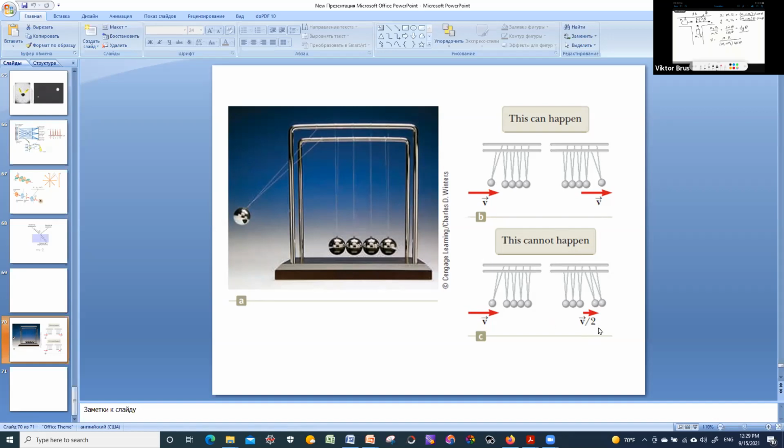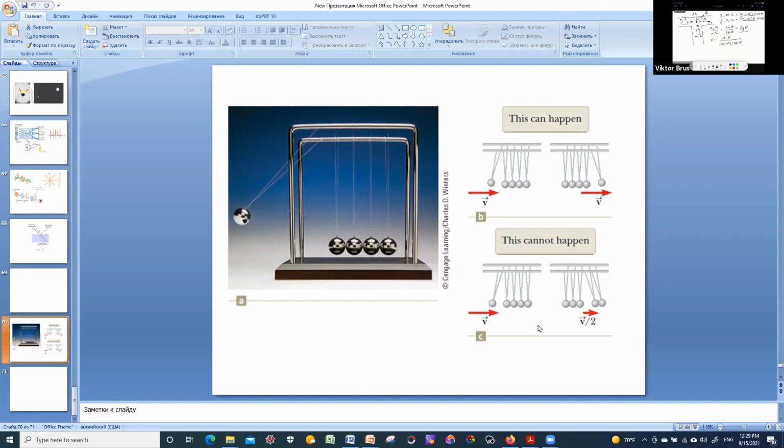So eventually we will get mv squared divided by 4. Obviously mv squared divided by 2 from the left side will not be equal to mv squared divided by 4. That violates the requirement for conservation of kinetic energy, and that's why it is impossible.